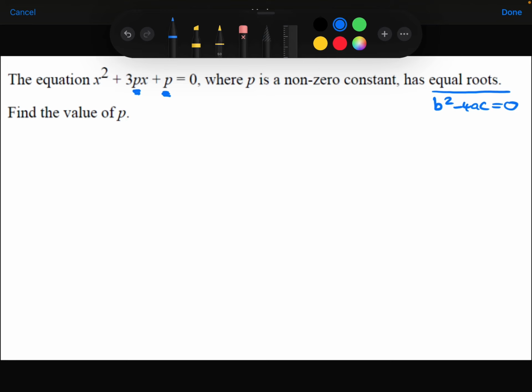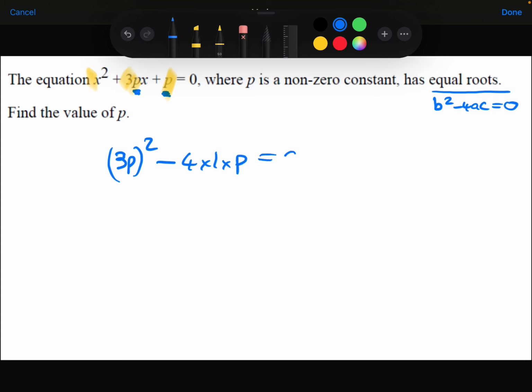So my b is 3p, that's b. So b squared minus 4 times the a is 1, times the c, which is p.